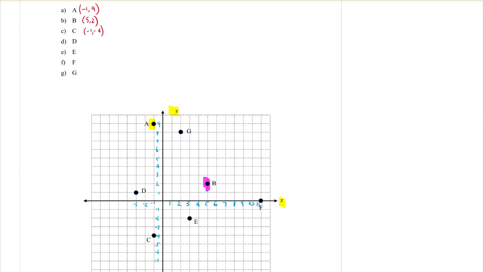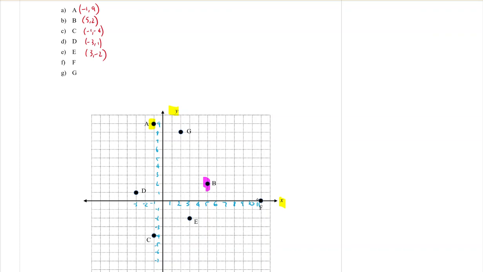For D, over here in the second quadrant, x value is -3, y value is 1. So (-3, 1). E in the fourth quadrant, it's on the x-axis at 3 and y-axis at -2. So (3, -2). Don't forget the comma and don't forget the brackets.